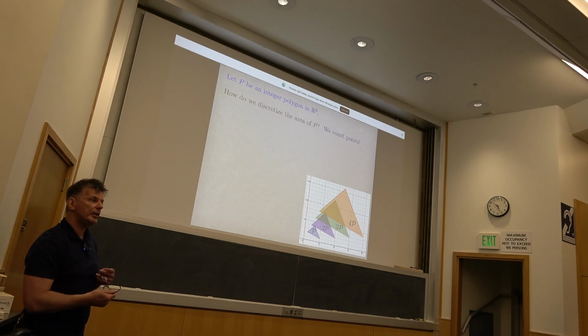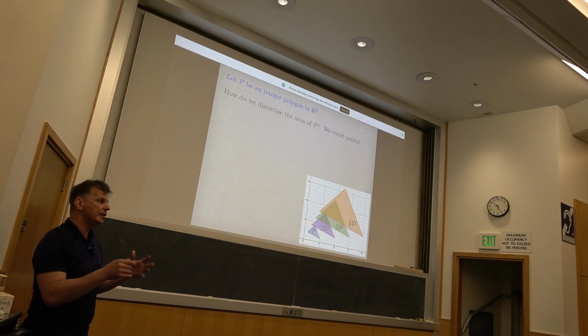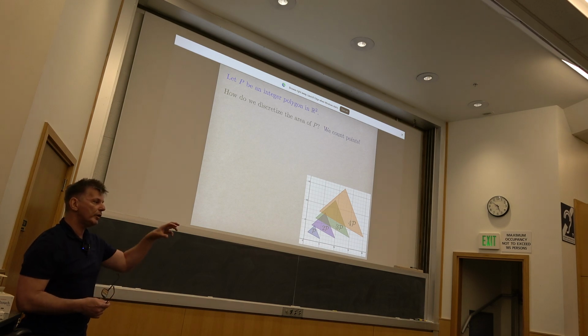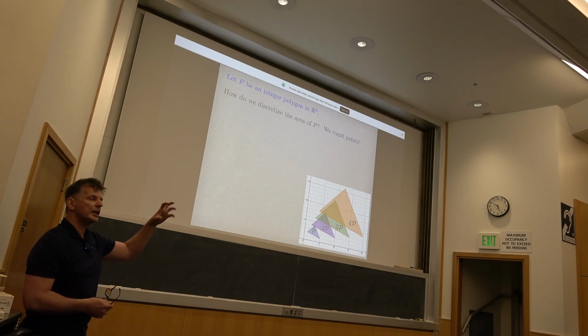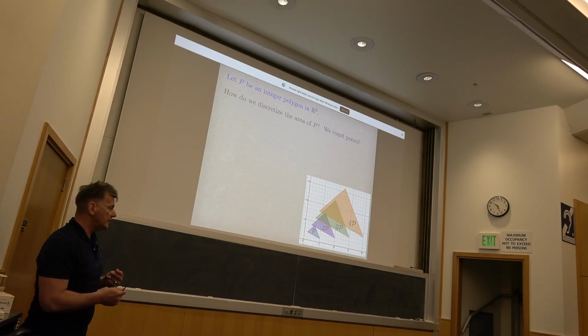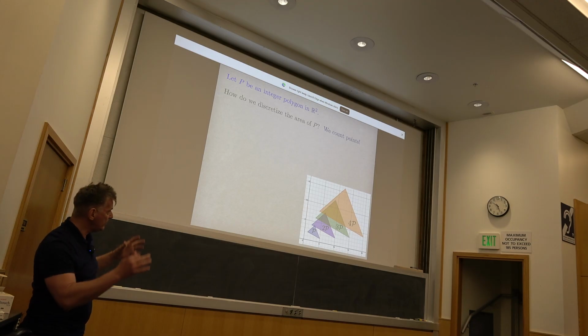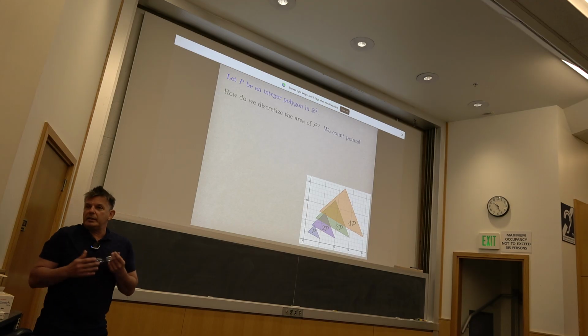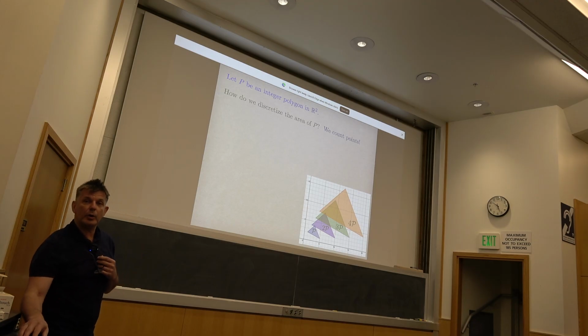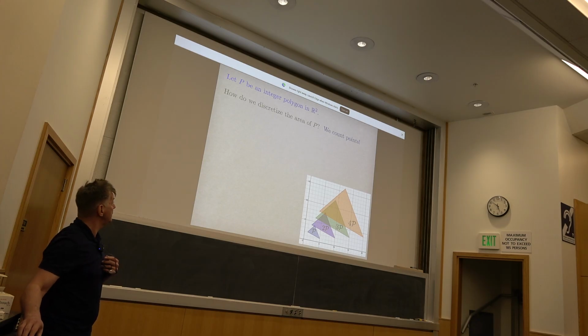How do you discretize area? There are many ways to discretize, infinitely many ways. You can put various different weights at the integer points, including local solid angles, local intersections with small balls of radius epsilon.